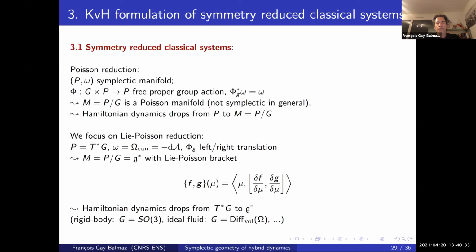First, to summarize briefly, what we did is to adapt the KVH formulation for other Hamiltonian systems that are not necessarily canonical, like Lie-Poisson systems for classical rotors or more general non-canonical Hamilton equations. For this talk, I focus on Lie-Poisson systems, right? And how to formulate the KVH equations for them.